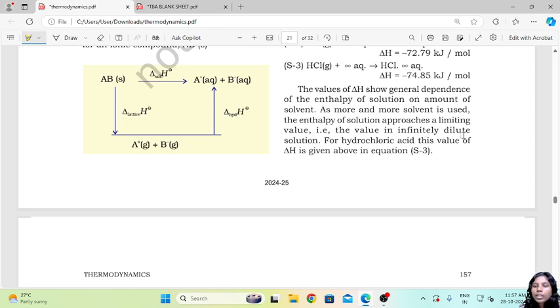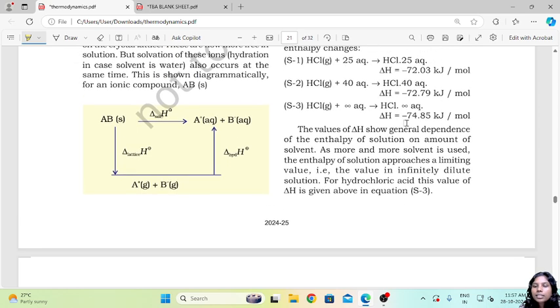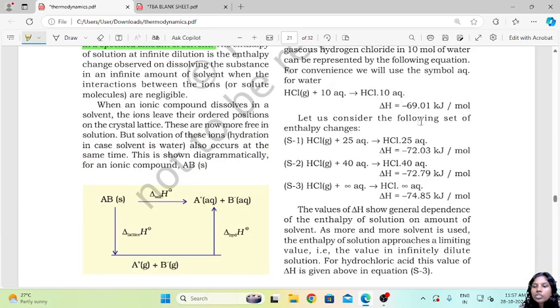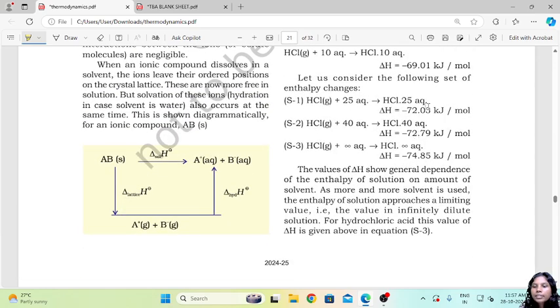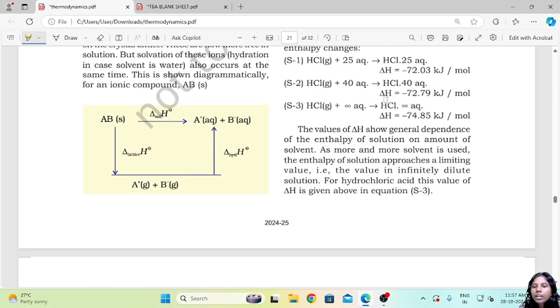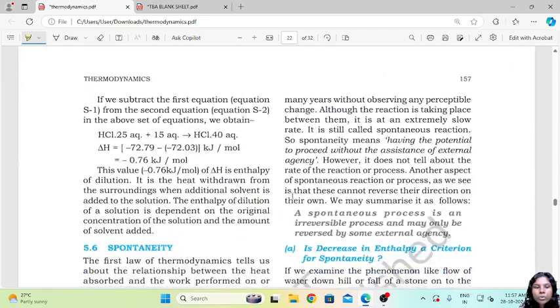That is the value in infinitely dilute solution. For hydrochloric acid, the delta H of solution is given in S3. It is minus 74.85. If you see, initially there were quite major changes happening, then it started to remain constant, and on infinite dilution it remained at only minus 74.85 kilojoules per mole inverse.